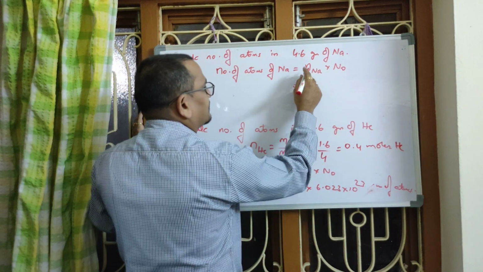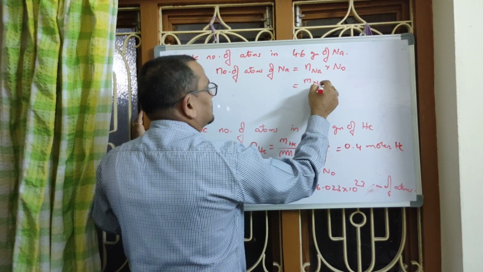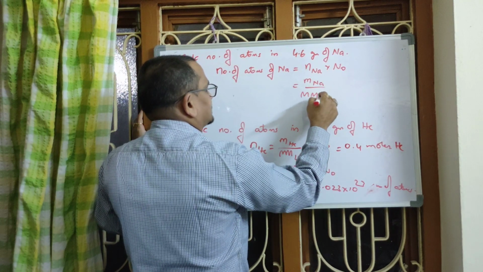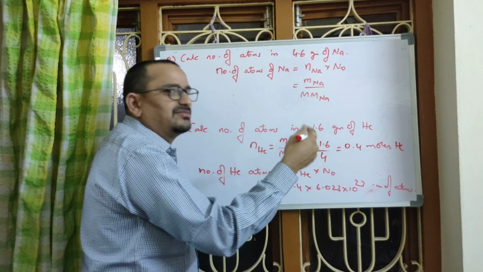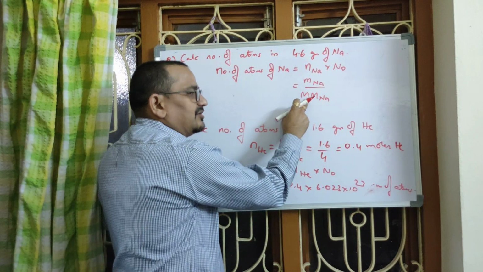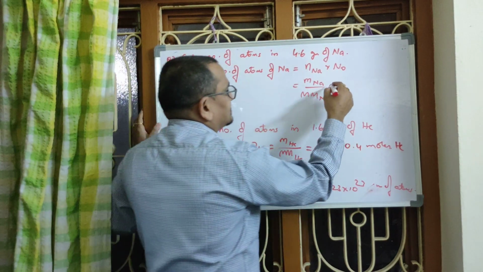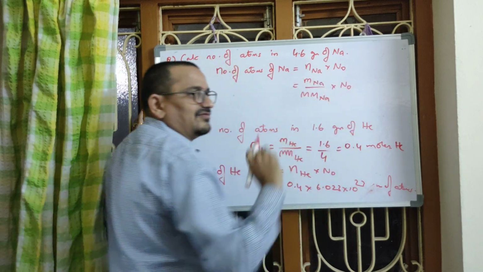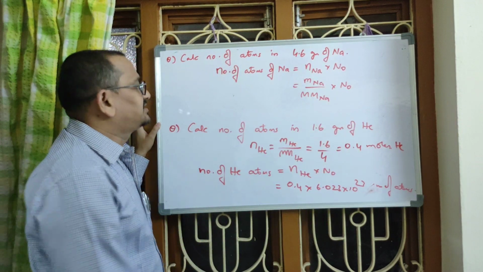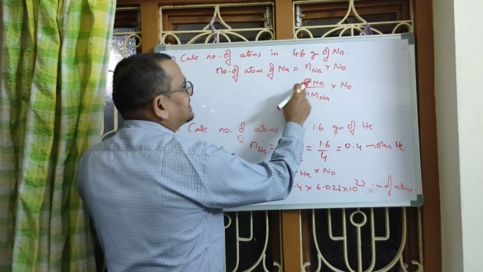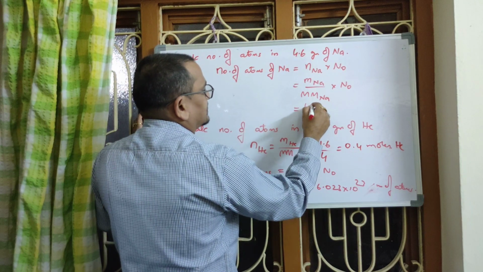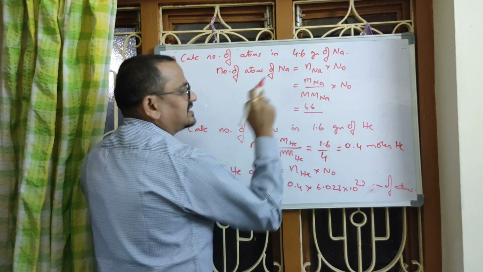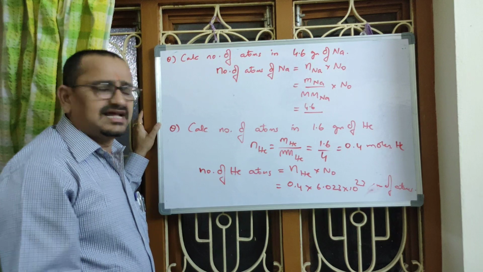What is the formula for number of moles? Mass by molar mass. Depending on whether it is an atom or molecule, you take gram atomic mass or gram molecular mass, into Avogadro number. Right? This equals, what is mass of sodium given? 4.6 by, what is the gram atomic mass of sodium? It's an atom, no?